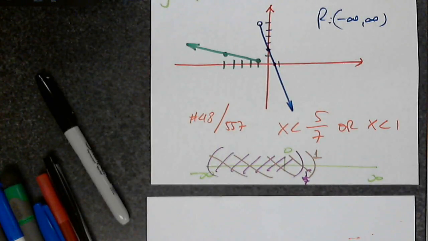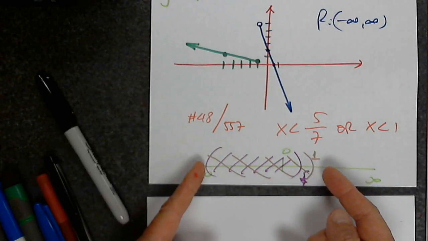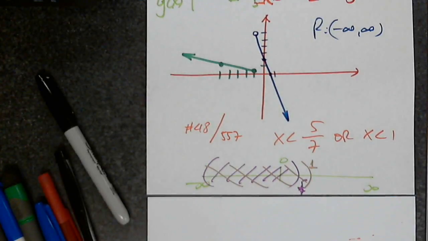Okay, so now I need to create the union. Remember, you have the purple interval, and I have this silver interval. And we're not asking ourselves what do we have the same. We're asking ourselves if we are a family or in a partnership, what we can use and enjoy together.